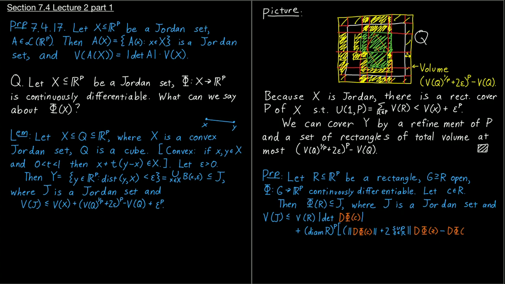If phi is continuously differentiable, we can make this quantity small by making the diameter of R small. And then we take the whole thing to the pth power, and then we have to subtract off d phi of c, quantity to the pth power, and then we'll add on our supremum again.